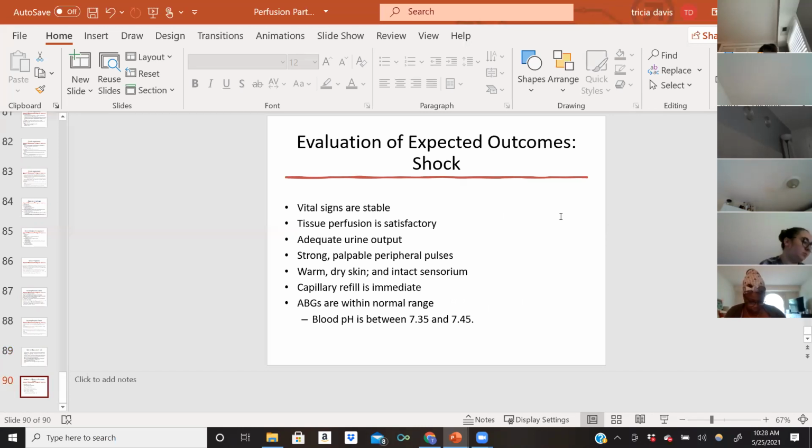We know our kidneys are being perfused. We're going to have good pink color. We're going to have good palpable pulses. Adequate urine output, warm, dry skin, capillary refill is imminent, and then we want our ABGs to be within normal range, or we're going to start to see that compensation so that we know that our system is trying to fix things.